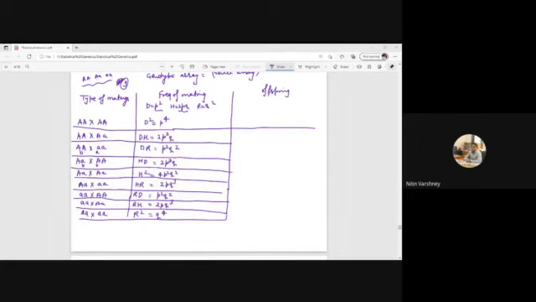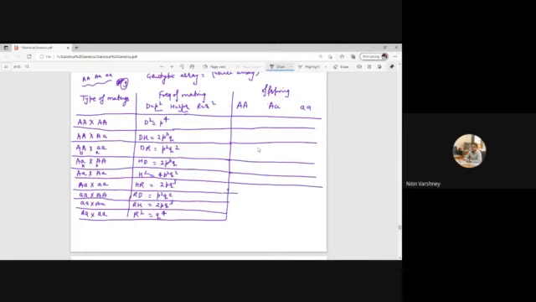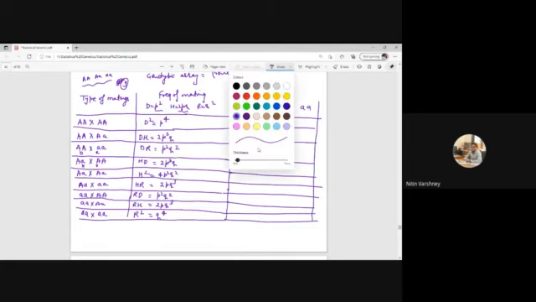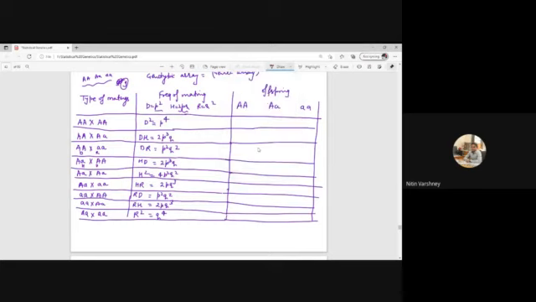Okay. So now in the offspring generation, we will make the classes capital A capital A, capital A small a, small a small a. See here, from this cross, which type of offspring will we get?